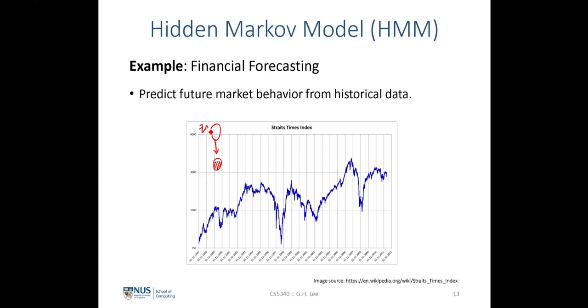So this is my latent random variable, which is what I want to infer, the current financial market value, and this is going to be dependent on many of the observations that I can make.